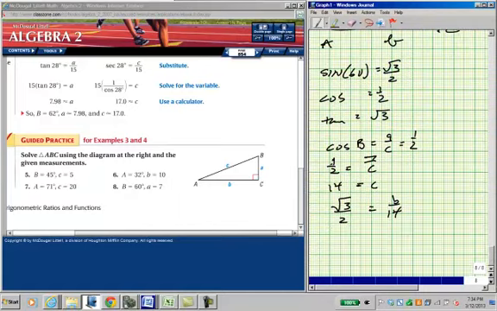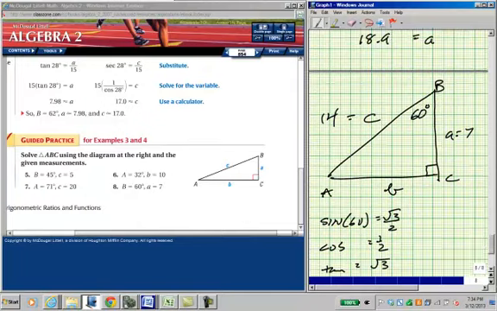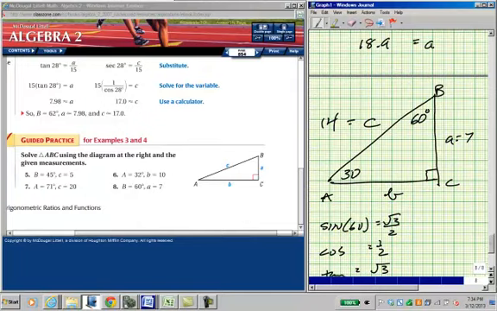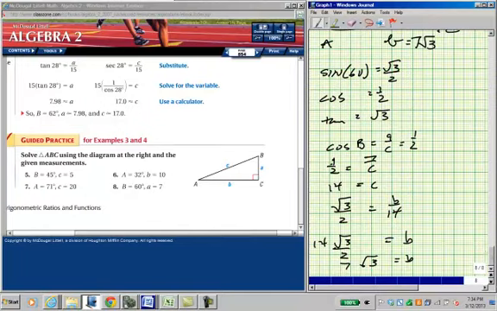So B will equal 14 times the square root of 3 over 2. So B is going to equal 7 times root 3. Okay, so that's finished, and this is 30 degrees, obviously. So 7 root 3. All right.